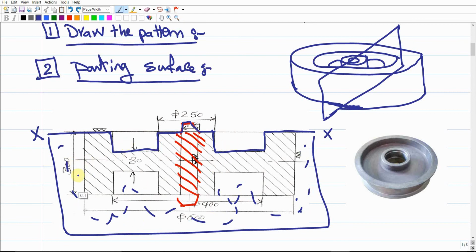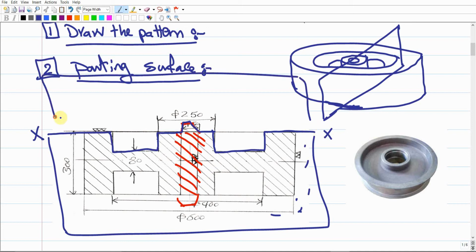If you flip the pattern upside down, if you invert the pattern, and then you just press the pattern against the sand and fill on the top, like you're already filling the sand from the top. You're already putting sand here from the top.